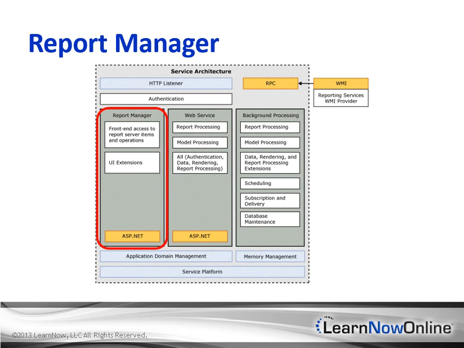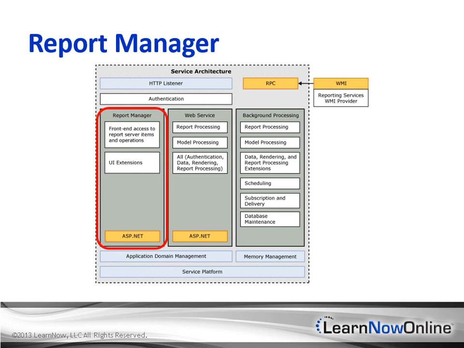All right, the next component in the service architecture is the report manager. This is the web-based front-end client that provides access to the report server web service. You can use it to view reports and manage the report server. By default, the report manager provides access to the web service running in the same instance of the report server, but you can point it to a web service in another instance on the same machine or on a different server.